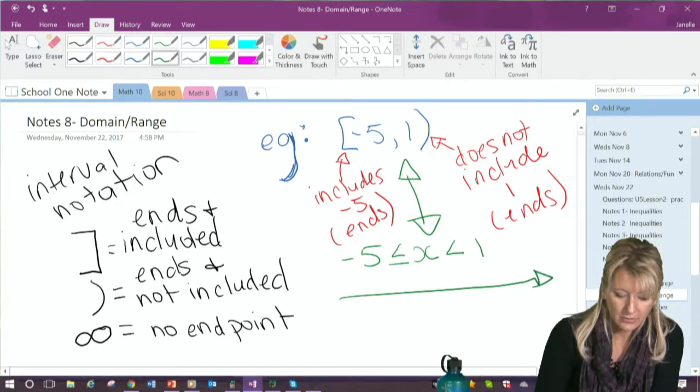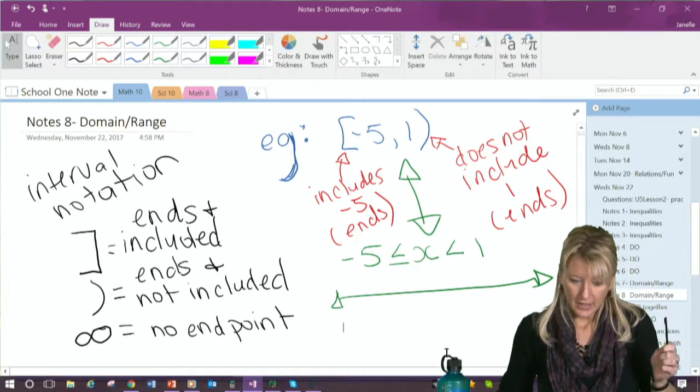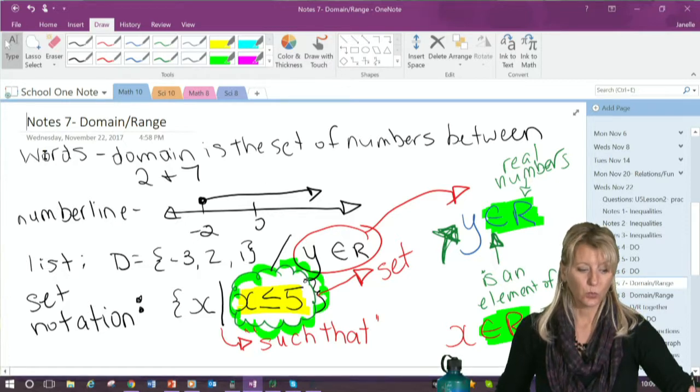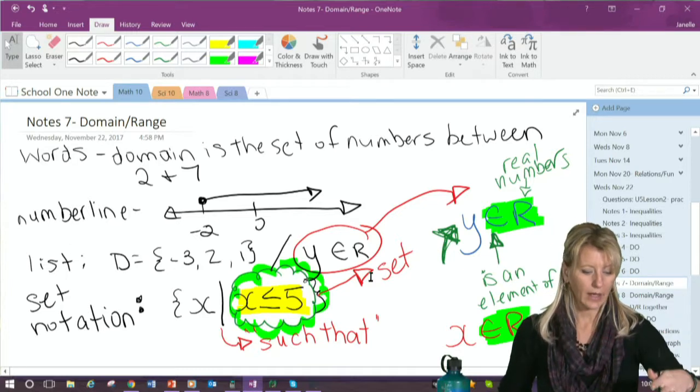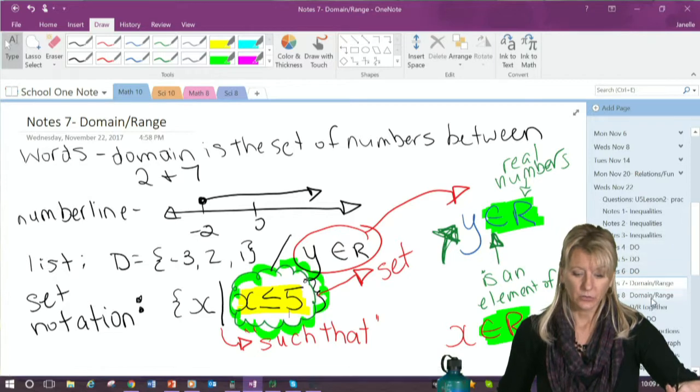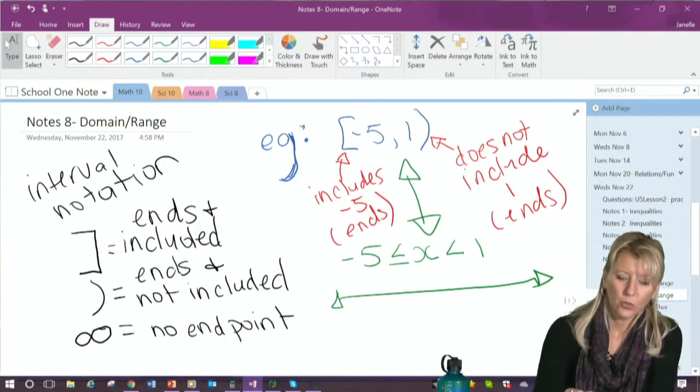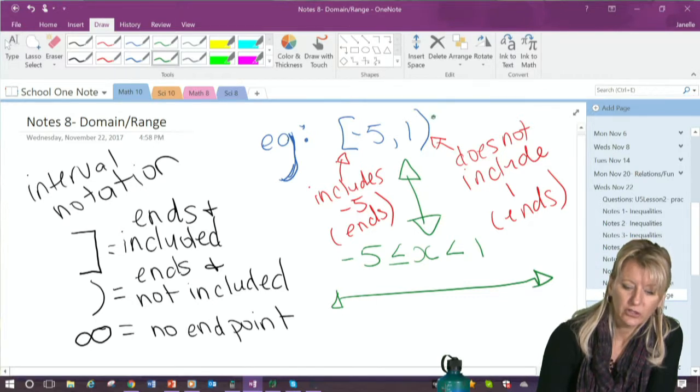So remember, guys, these are all the different ways. This page is showing you all the different ways to show inequalities. Okay, so we did the words one, we did the number line one, the list one you guys will get to know, and this is the inequality one. So now what I'm showing you is another one. This is like the 5th way of showing it.